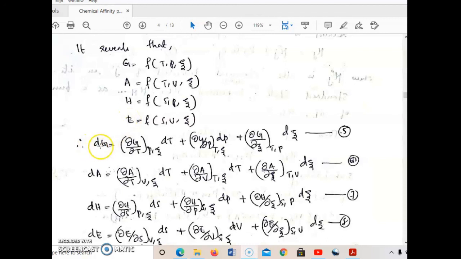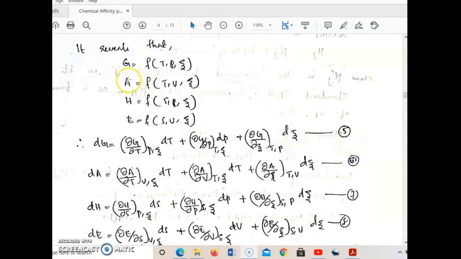Okay, so dG will be equal to the total differential we can find out. dG is equal to dou G by dou T. We have to differentiate with respect to each of these variables, right? So dG is equal to dou G by dou T at constant pressure and theta dT plus dou G by dou P at constant temperature and theta dP plus dou G by dou theta at constant temperature and pressure d theta. This is equation 5.